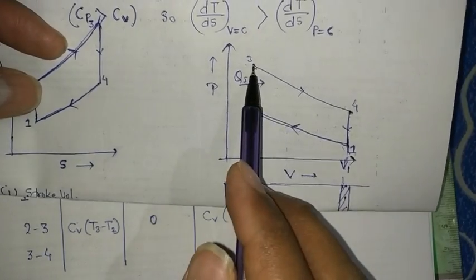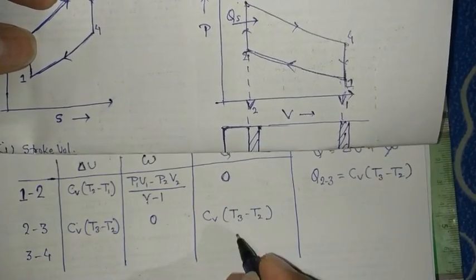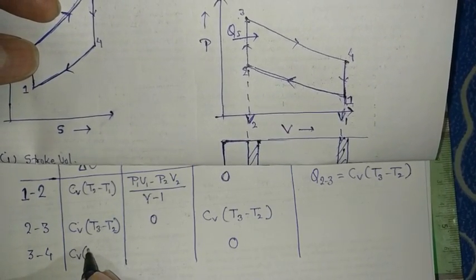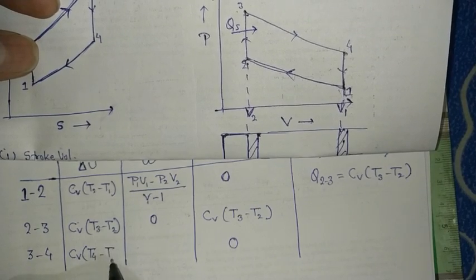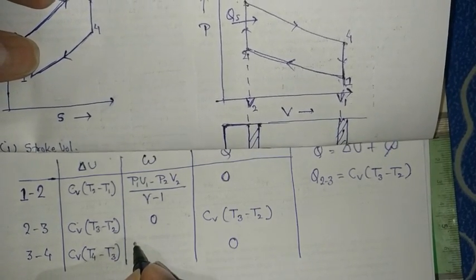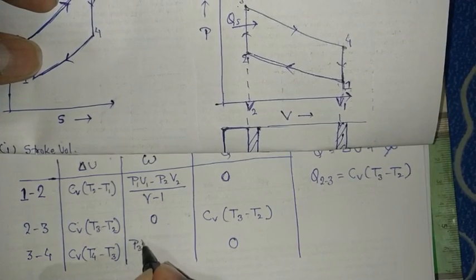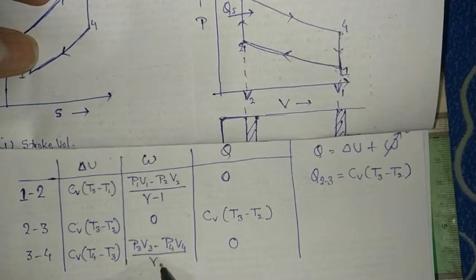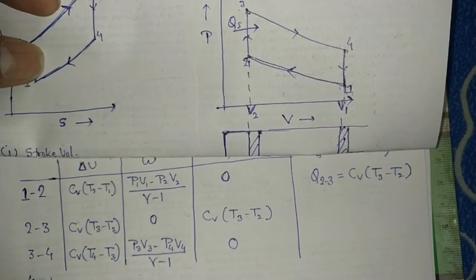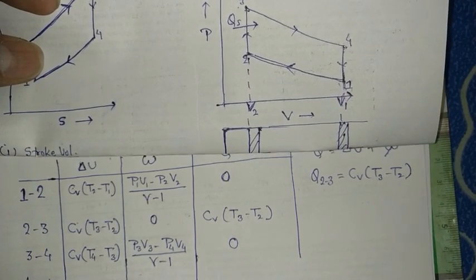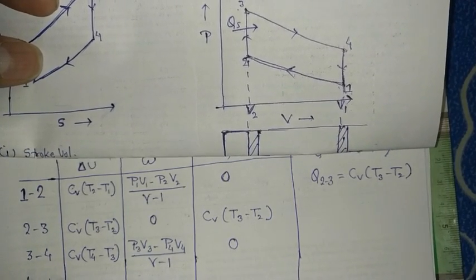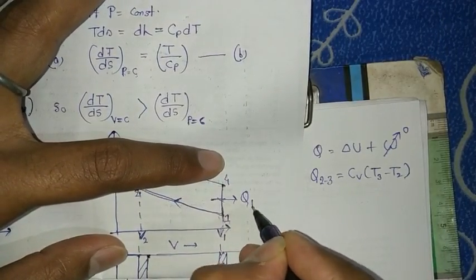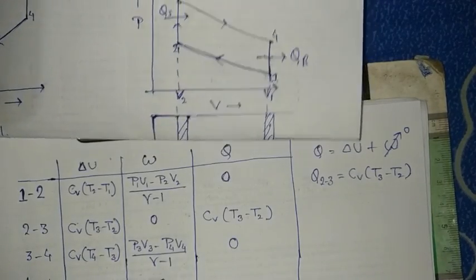Again for process 3 to 4, it's isentropic expansion. So reversible isentropic is adiabatic, so heat transfer will be 0. Del U will be Cv (T4 minus T3), and work done, again for an adiabatic process, will be (P3 V3 minus P4 V4) over (gamma minus 1). And process 4 to 1 is again constant volume heat rejection, QR. So for constant volume, work done will be 0.